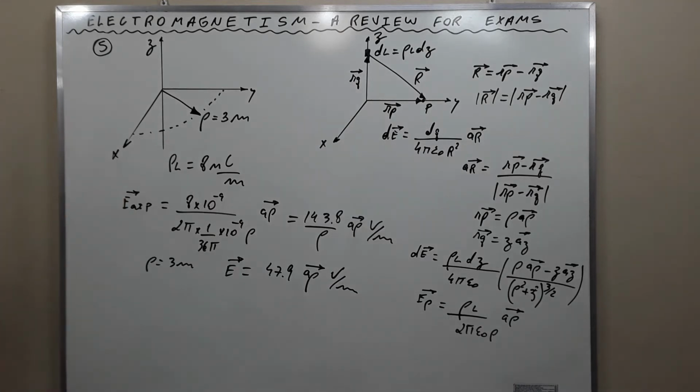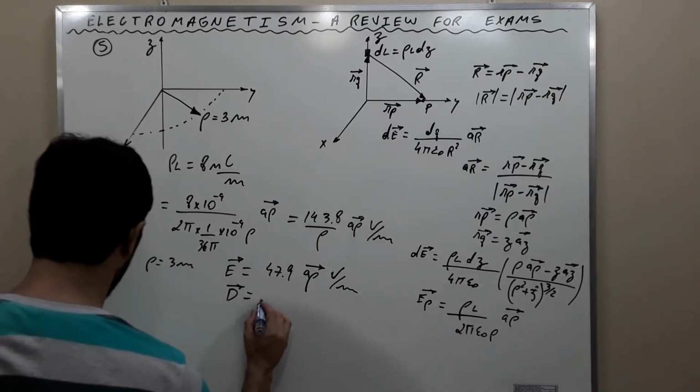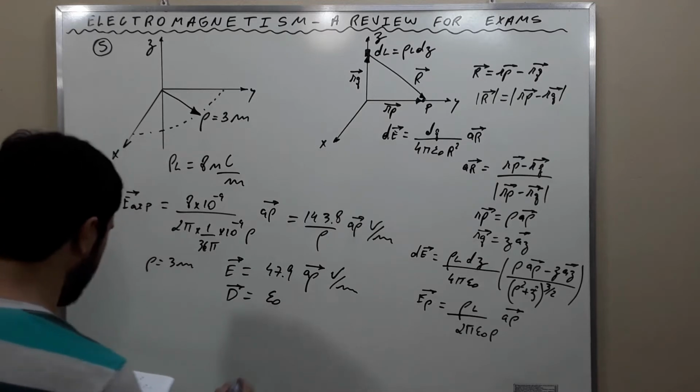And now we are going to use the property that says that D is equal to epsilon 0 times the field.